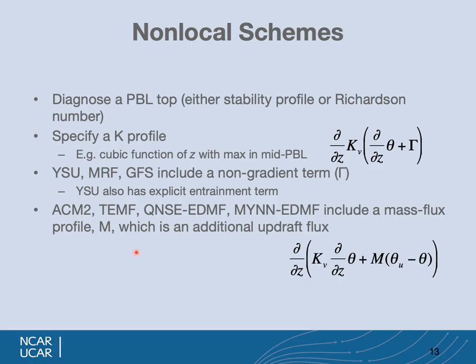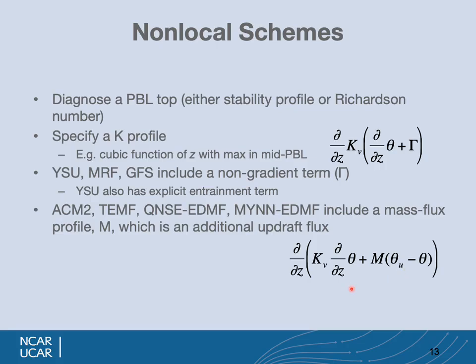Other types of non-local schemes have a mass flux term. Instead of gamma, you have this M term, which is like an updraft mass flux. And it transports theta or heat via terms that look like this, where M is the mass flux.